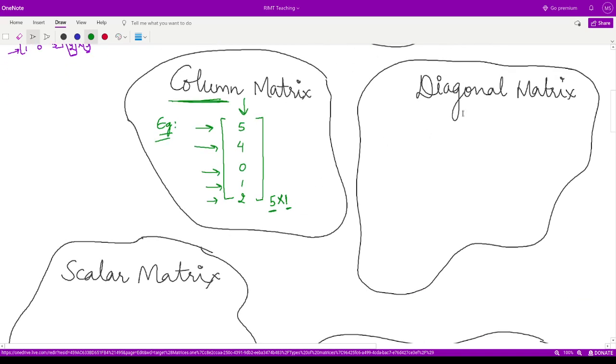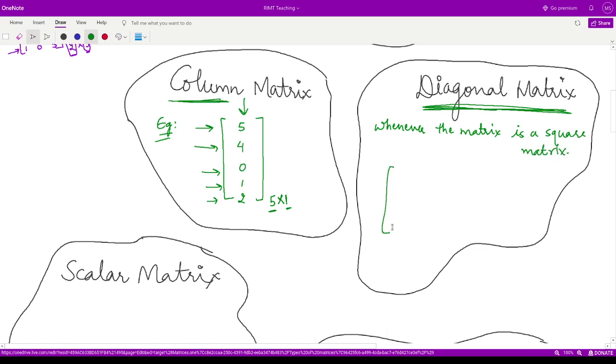Now let us talk about the diagonal matrix. We can only talk about a diagonal matrix whenever the matrix is square. First of all, let me write down any 3 cross 3 matrix.